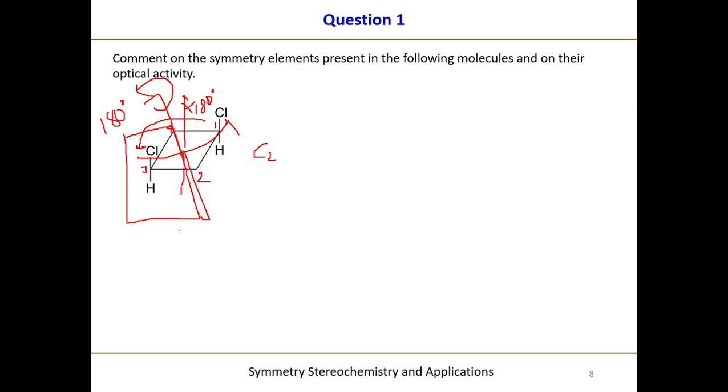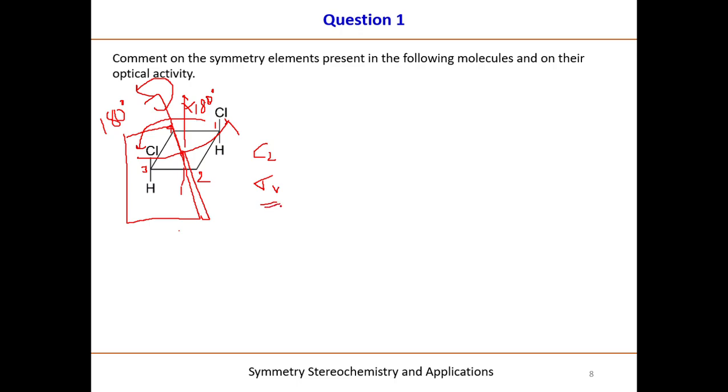Now you can see that this half is similar to the other half. The two halves are mirror images of each other. That means a sigma v plane is present. Why sigma v? Because it's parallel to the axis of rotation. So if any plane is parallel to the principal axis, we always write v. It's a sigma v. Correct.